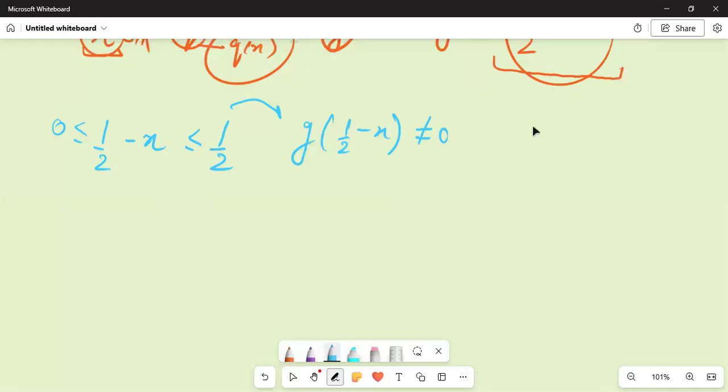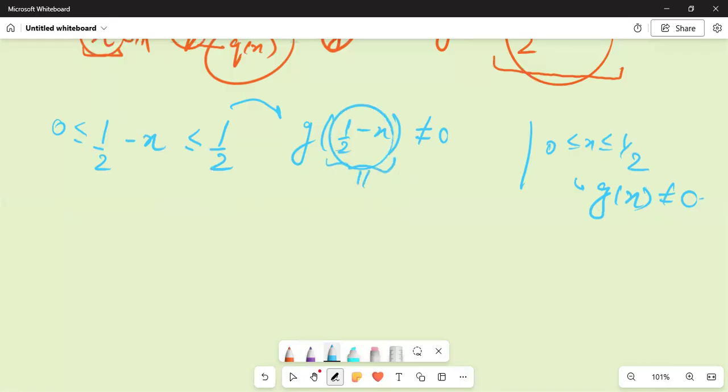Because earlier when X was lying between 0 and half, there G was taking a non-zero value, since it was given by Gx. Now, since they have just changed the domain points, you just need to take care of this.